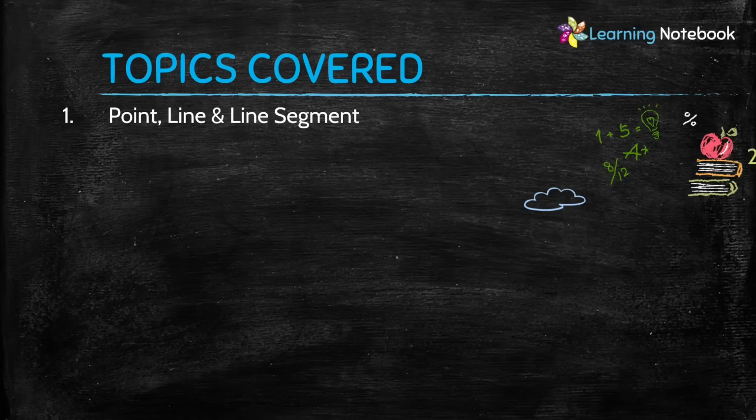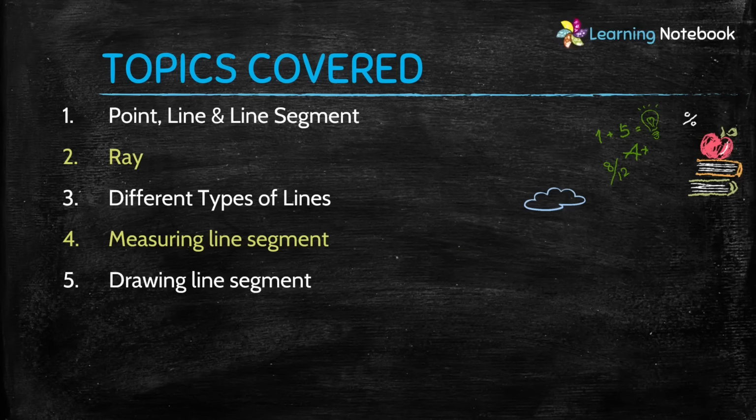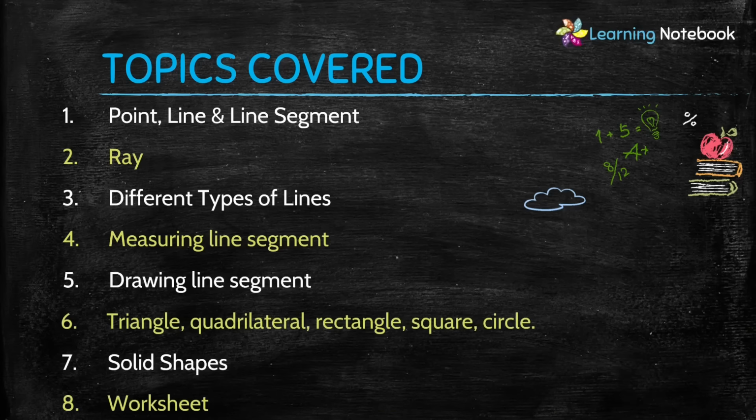So let's see what all topics we are going to cover today in this video. First topic is point, line and line segment. Then we will understand what is ray, different types of lines, measuring line segment and how to draw a line segment.